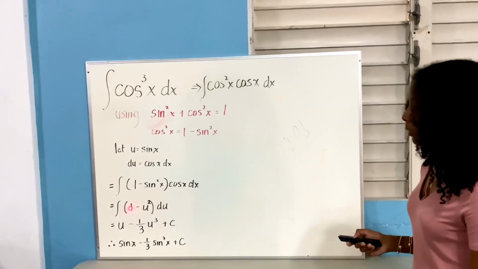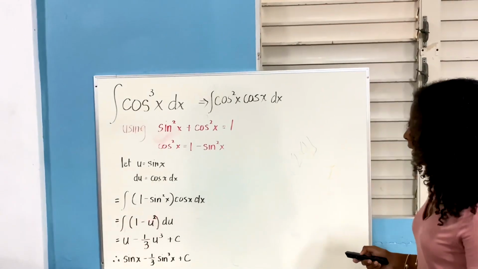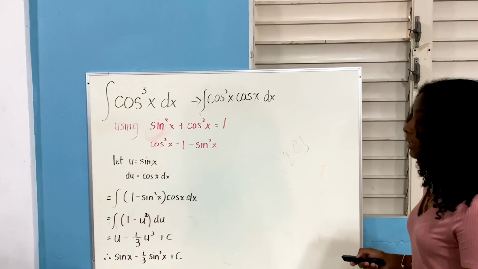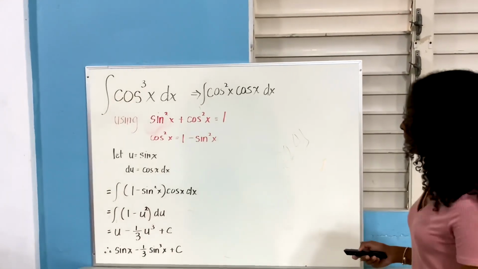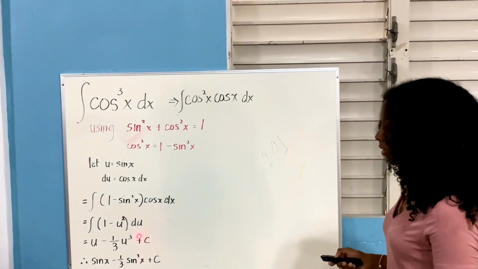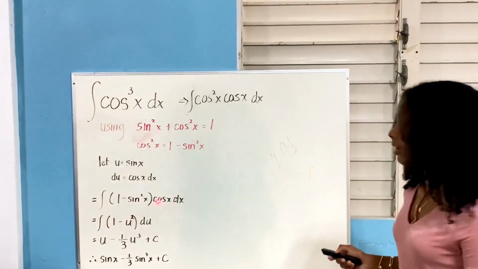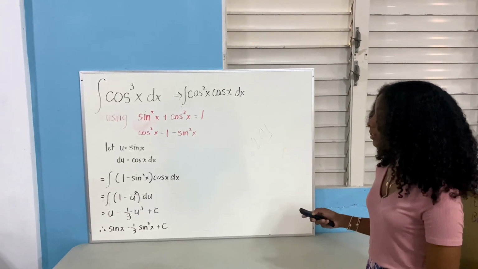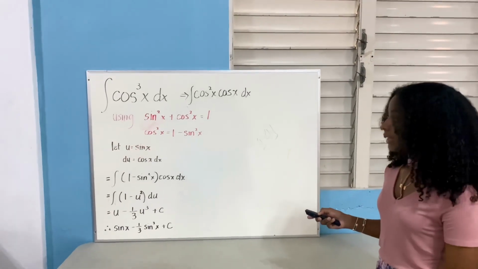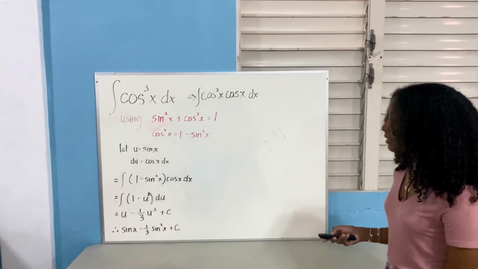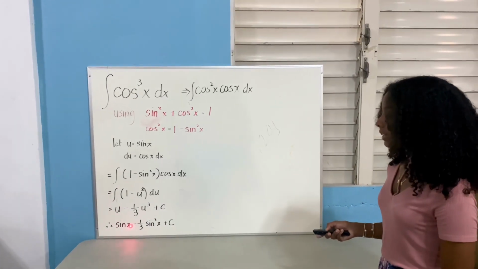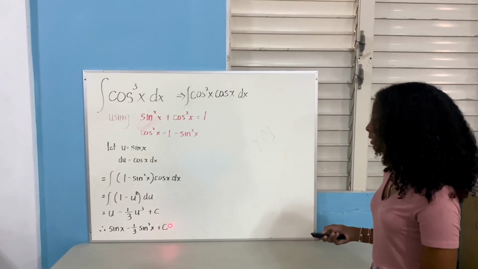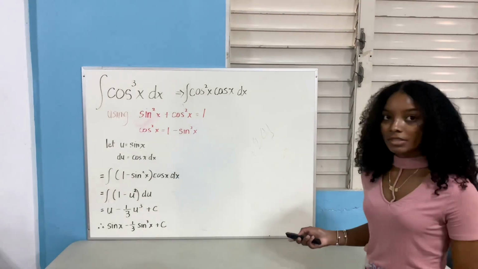Once we integrate 1, that will be equal to u, and integrating u squared gives 1/3 times u cubed, plus our integration constant that we always need to add once we have integrated. So we can substitute back what we originally know as u, that is equal to sine x, into our final answer. So we have sine x minus 1/3 times sine cubed x plus the constant of integration, which is our final answer.